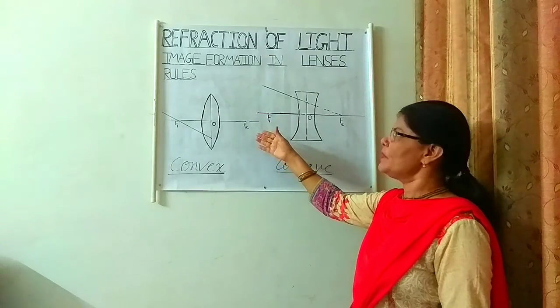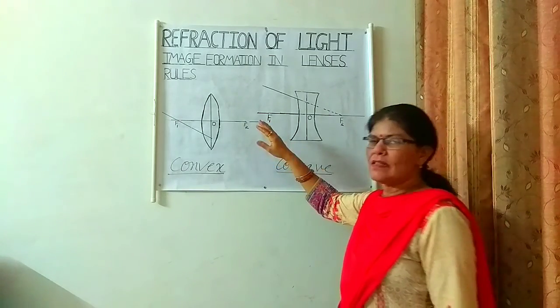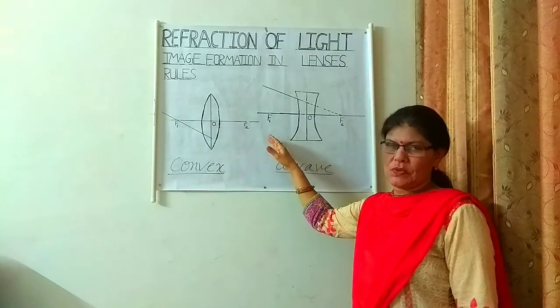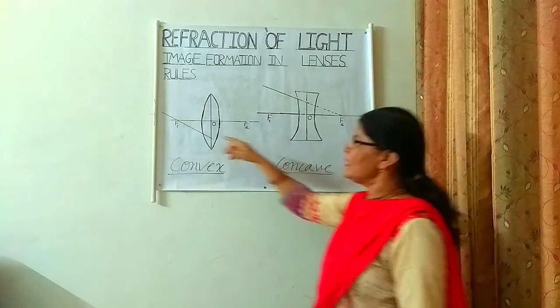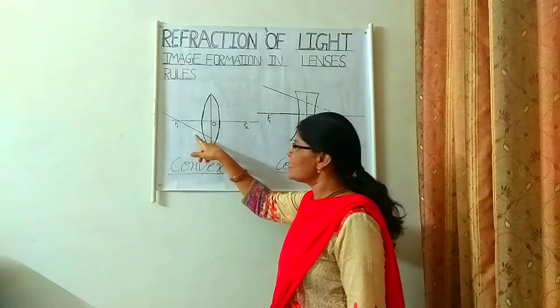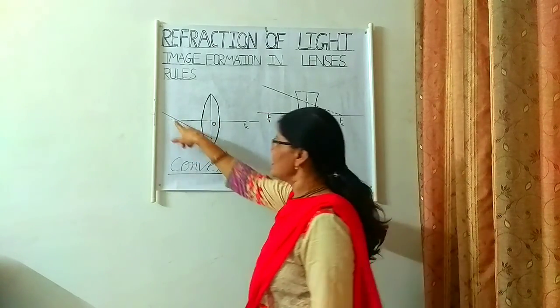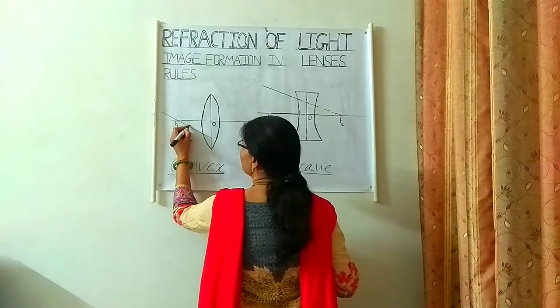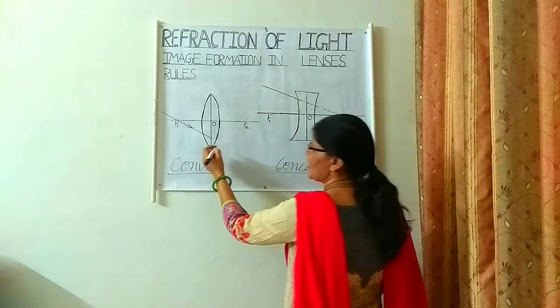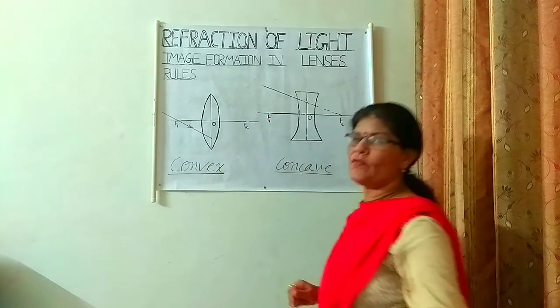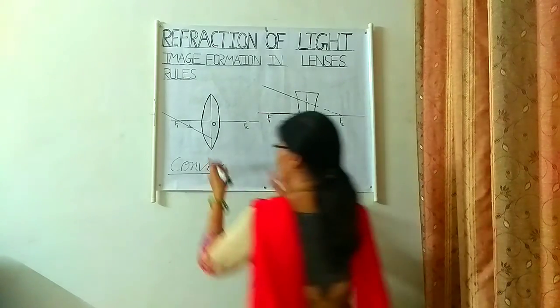The second rule is just the opposite of the first rule, where the incident ray passes through the principal focus. Our incident ray passes through the principal focus, then it strikes the lens, and then the refracted ray will go parallel to the principal axis.